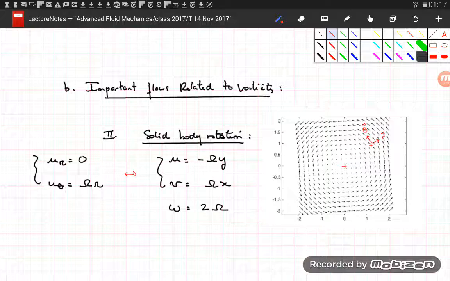If this is x and this is y, then only the z component of the vorticity vector is non-zero, which is why you can write it as a scalar. The vorticity is constant and equal to 2 times omega, where omega is the angular velocity. So this is a solid body rotation.